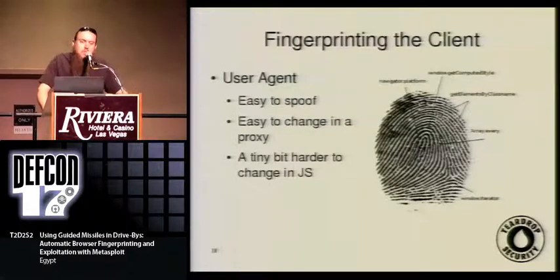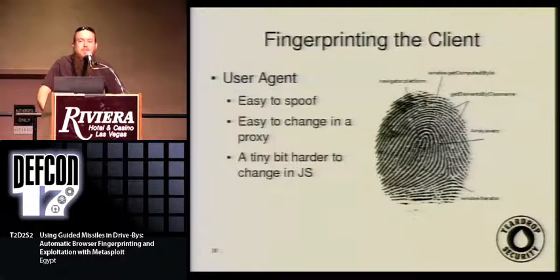Most of the available stuff for detecting what a browser is uses the user agent string, which is just a string that goes in the headers of an HTTP request that supposedly uniquely identifies any given browser. The problem is that it's really easy to spoof.